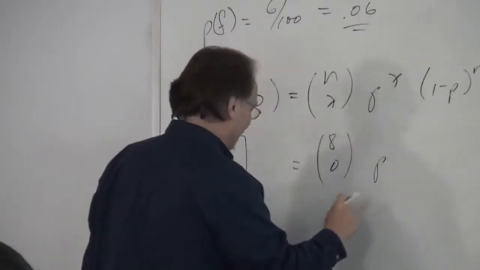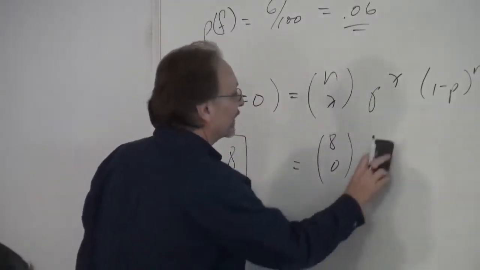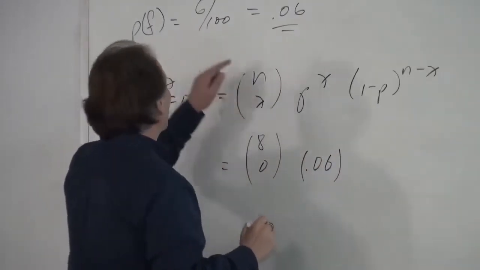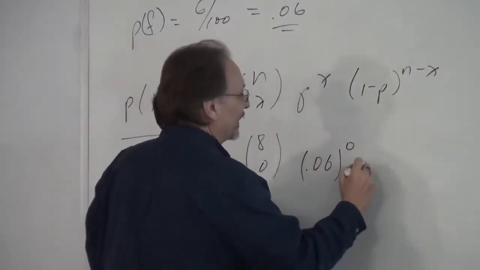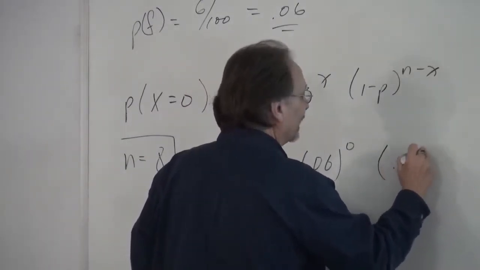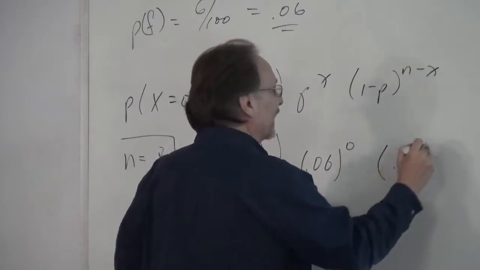P, the probability of failure, is 0.06 to the x, which is 0. And then 1 minus p is 0.94 to the n minus x, which is 8.